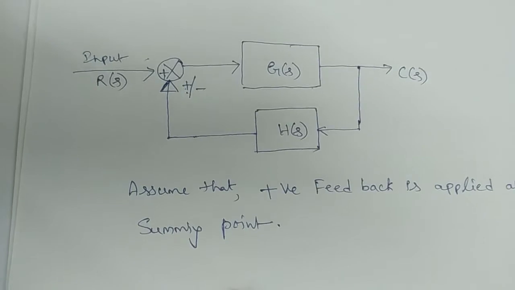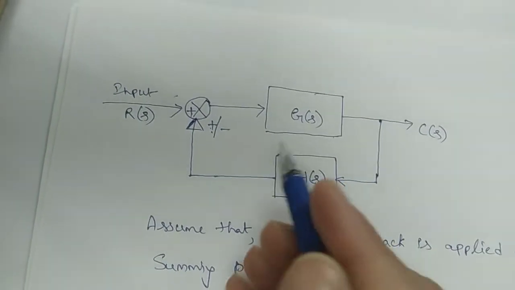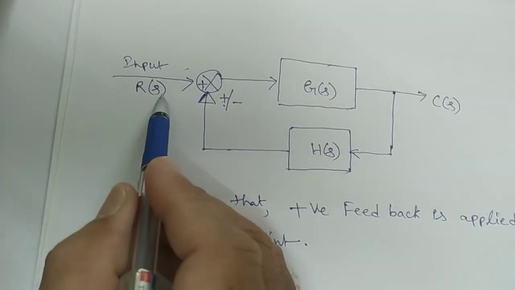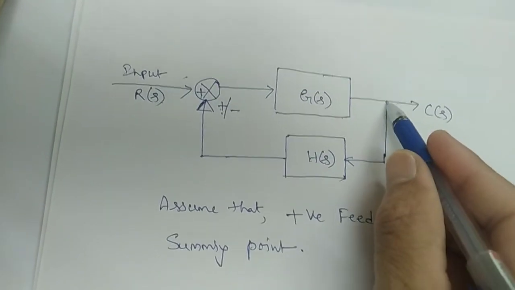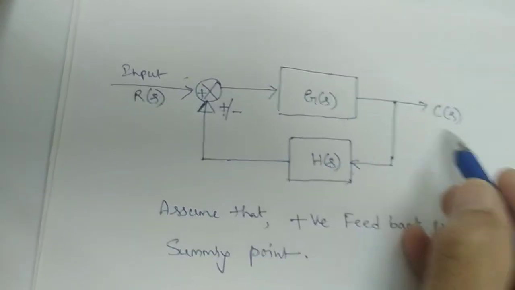Now you have to derive an expression. Here R of S is input, this is C of S, and part of the output you are giving as feedback.